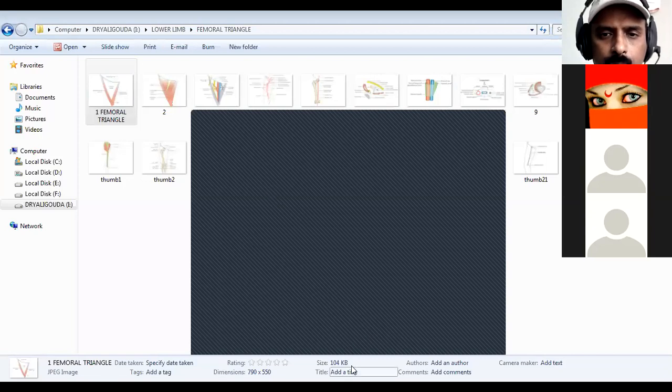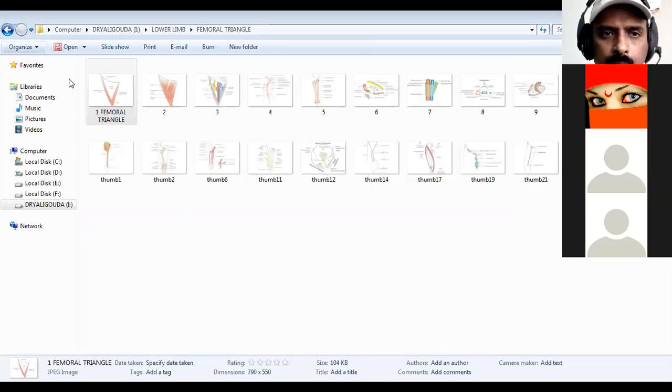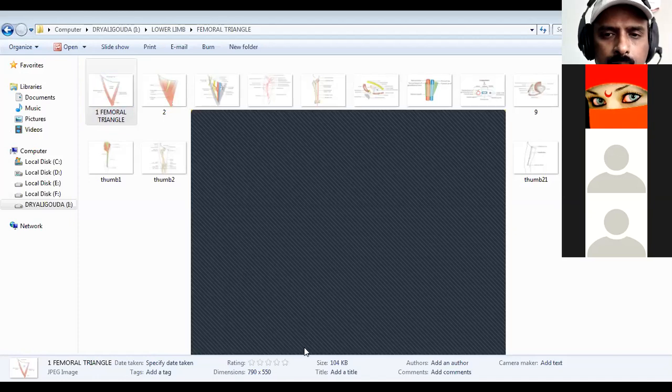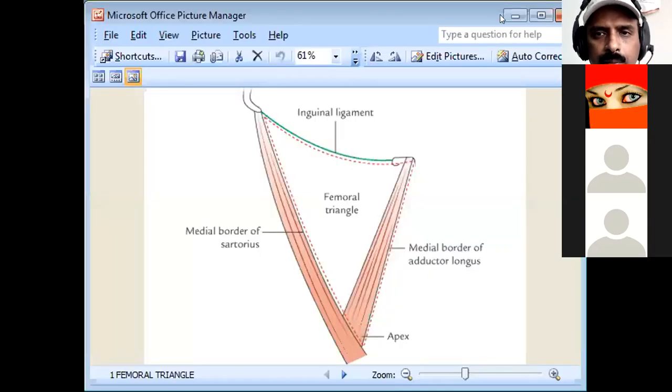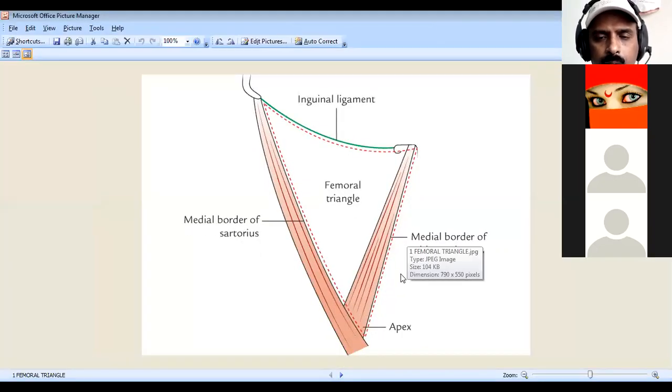Whatever I'm talking about the femoral triangle, in this you have to know the boundaries of the femoral triangle. Remember, the first question for 5 marks is asked about the contents or the boundaries of the femoral triangle.